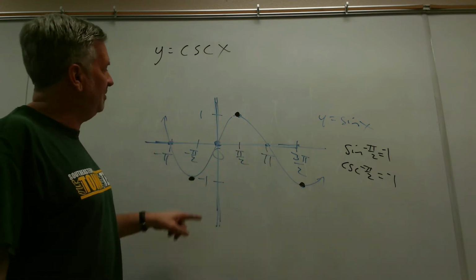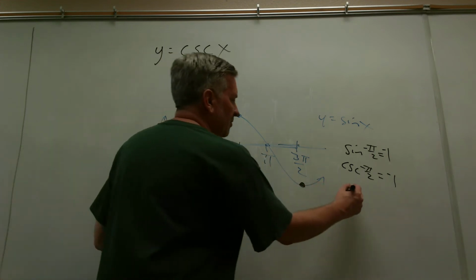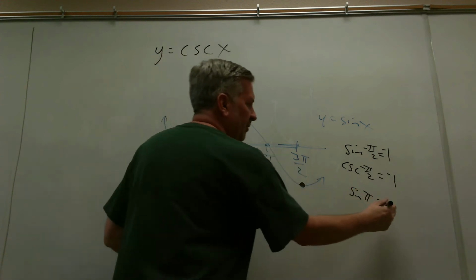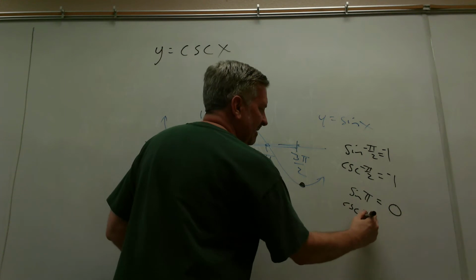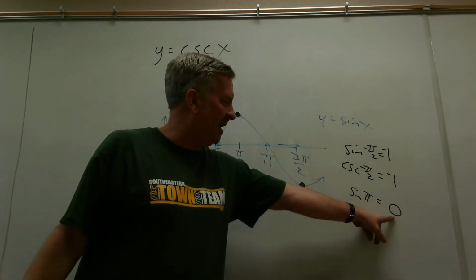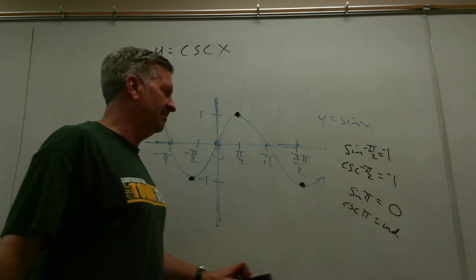Well, no. Let's focus on where the zeros are. I'll pick pi. So if I take sine of pi, well, according to the graph, sine of pi is 0. Well, let's do cosecant of pi. Well, cosecant is the reciprocal of the sine value, but 1 over 0 is undefined.